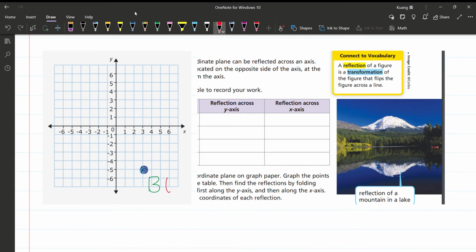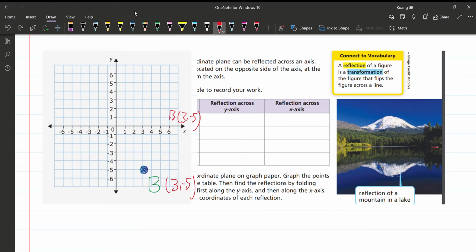So x coordinate 3, y coordinate -5. Can you help me find the reflection across the y-axis and x-axis? You can pause the video and try to do it by yourself. I'll give you 5 seconds. 5, 4, 3, 2, 1.